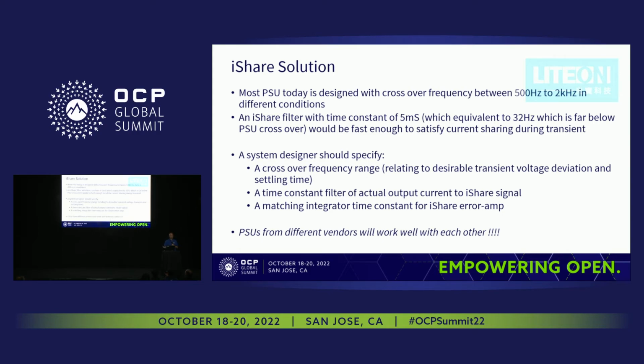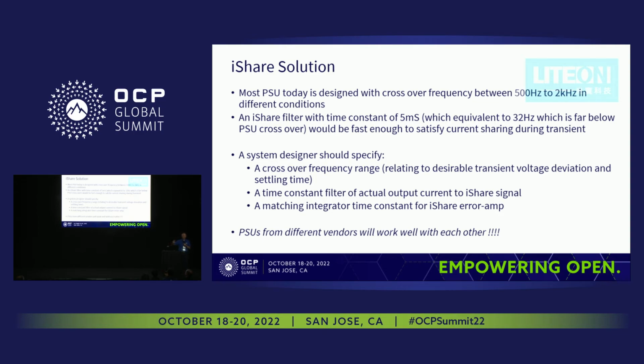So let me say I dictate that the filter has to be 5 milliseconds from the actual current to the iShare signal. The 5 millisecond is equivalent to about 32 hertz. People say, what? Yeah, 5 millisecond time constant, omega equals 1 over tau, and frequency equals omega divided by 2 pi, so that comes out to about 30-something hertz.